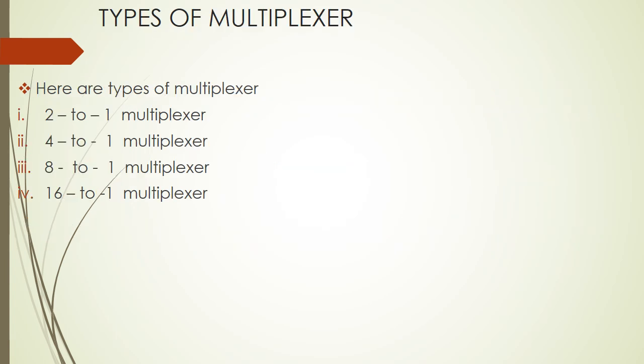So here are the types of multiplexer. We have the 2-to-1 multiplexer, 4-to-1 multiplexer, 8-to-1 multiplexer, and 16-to-1 multiplexer. With regard to the 2-to-1 multiplexer, we are to provide a truth table where A and B are the two input lines, then the output, which is Y. So we input 0 and 1, which is binary notation, for the 2-to-1 multiplexer.